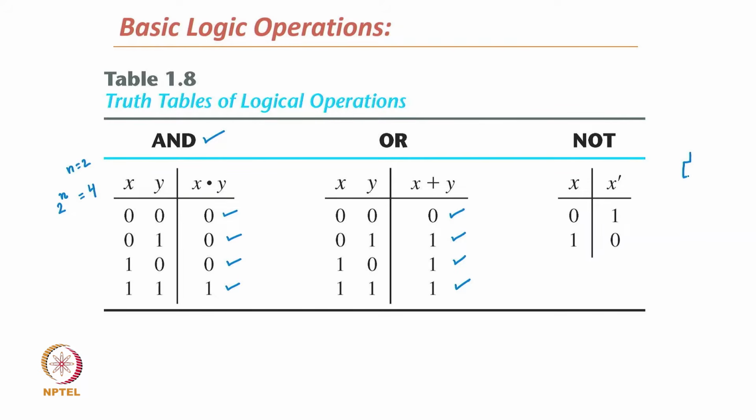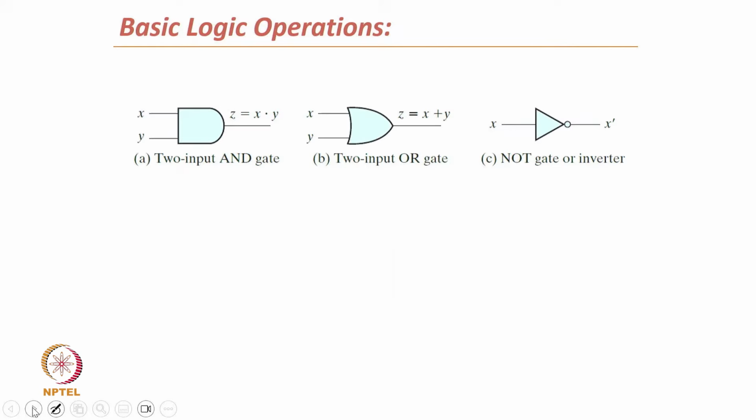When x is 0, the output x dash is 1, and when x is 1 the output is 0. So this is the truth table of logic operations on these basic gates.